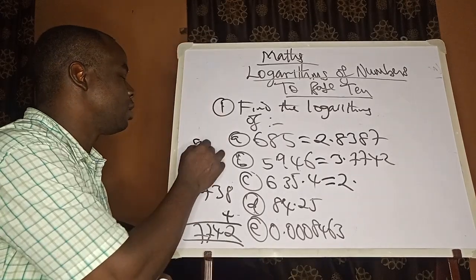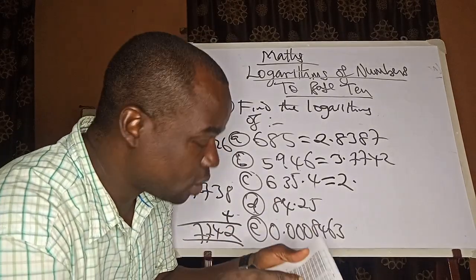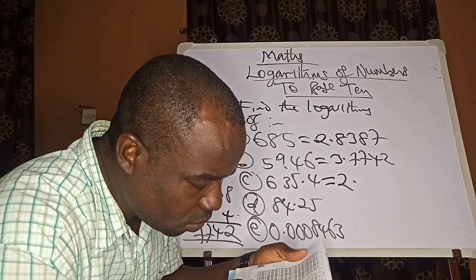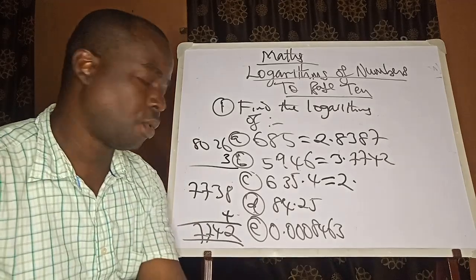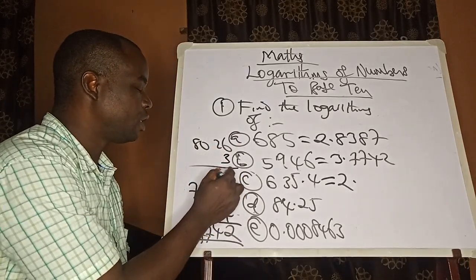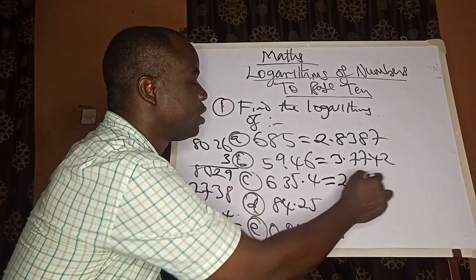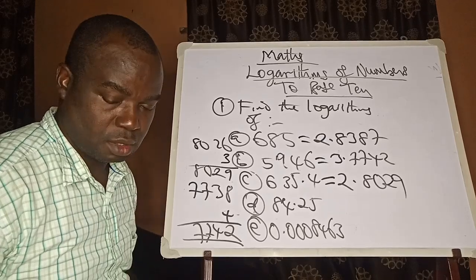So 8026. Then check difference 4. So 63 difference 4 is 3. Now add it up. So we have 6 plus 3 is 9, 2, 0, 8. So you put it here, 8029. Simple, right?